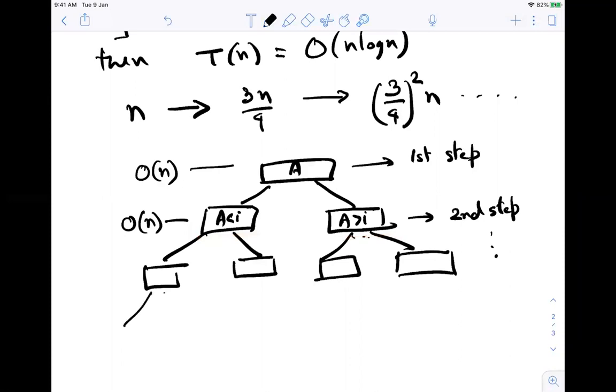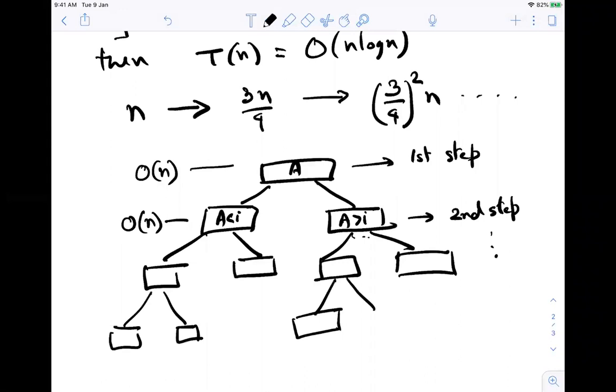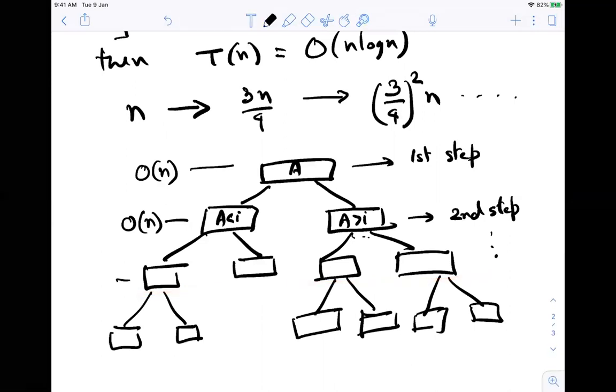Similarly, when you split up into two parts here, maybe one of them doesn't get split up because it has stopped. So the total time taken for splitting up this whole thing slowly into parts, how much time is it? It is also order n.